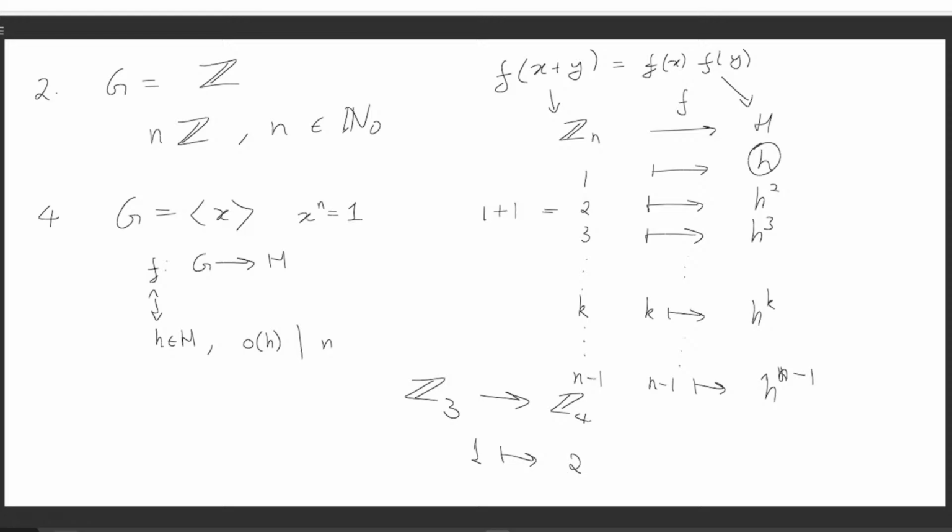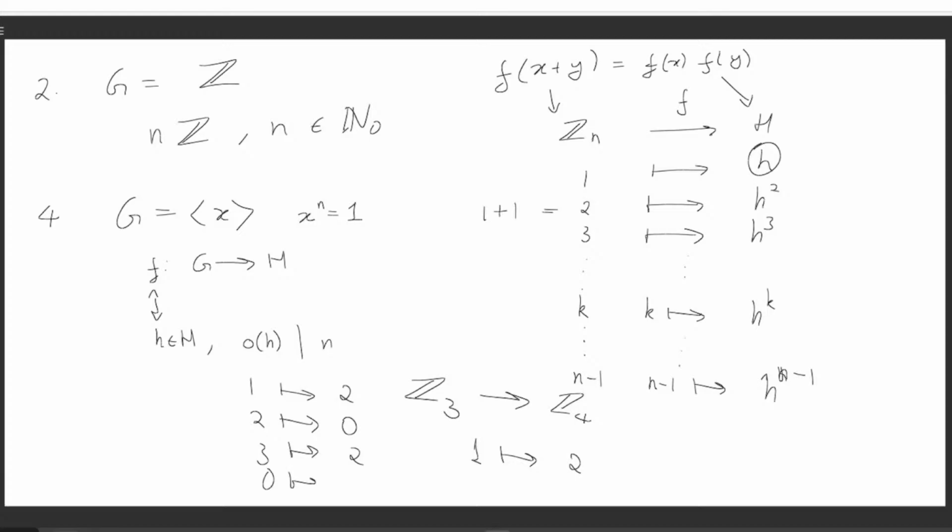So Z3 has elements 1, 2, 3. So 1 will map to 2. Here use addition on both sides, not multiplication. 2 will map to 2 plus 2, which is 0. 3 will map to 2 plus 2 plus 2, which is 2. That's okay.